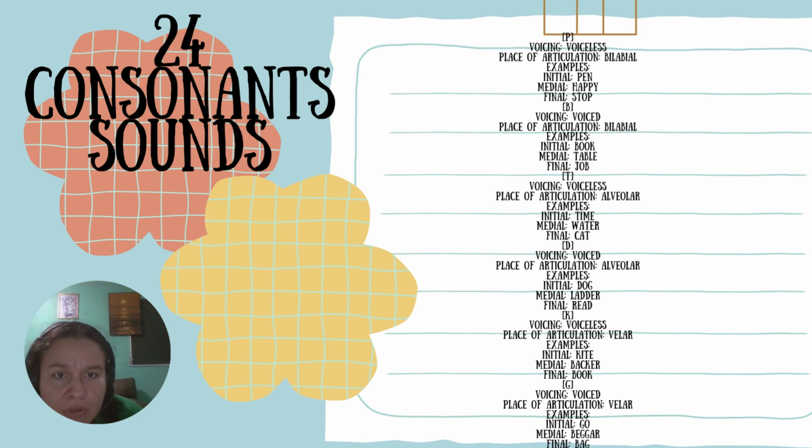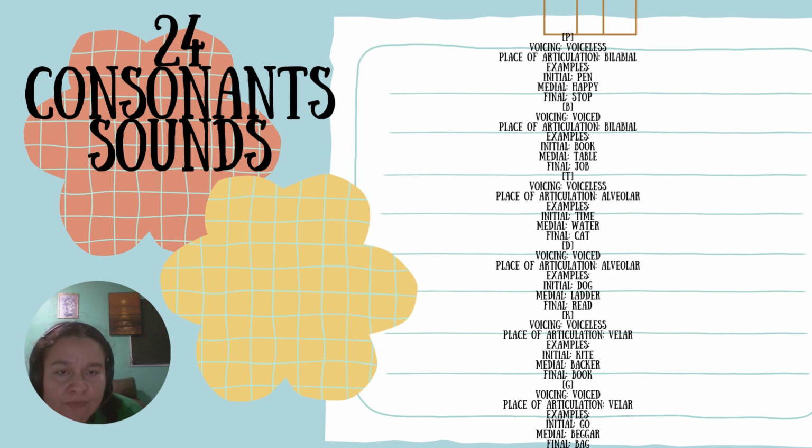Okay, for the b, it is voiced, and the place of articulation is bilabial because we put together two lips. For example, in the initial, the word book, in the medial table, and in the final job.